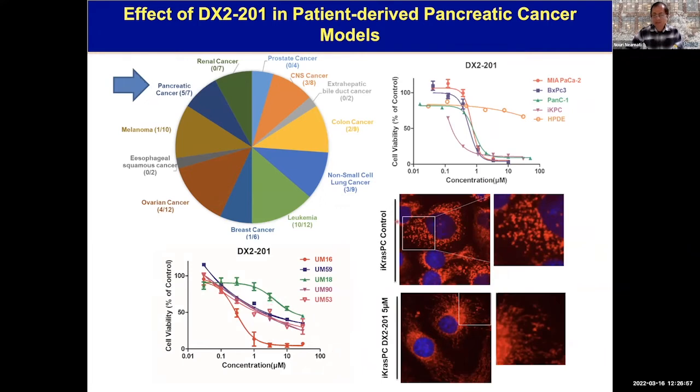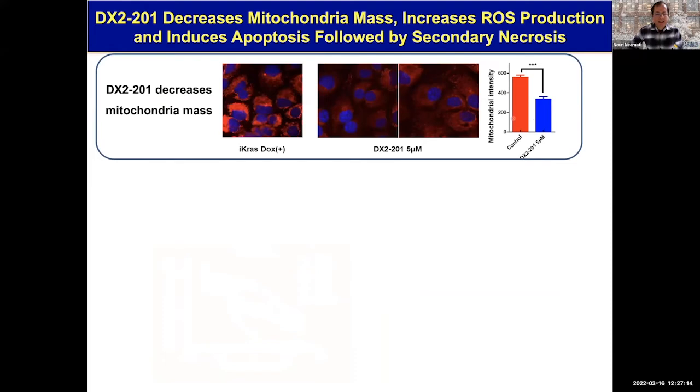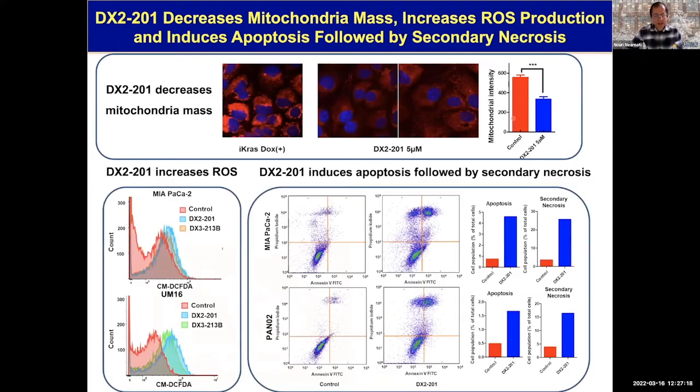Same thing with the cell lines that are commercially available. And what I would like to show you here, these HPDE cells, the normal pancreatic ductal epithelial cells, do not respond. So it's not really killing all the normal cells. We show that it decreases the mitochondrial mass, produces reactive oxygen species, and kills the cell through apoptosis.